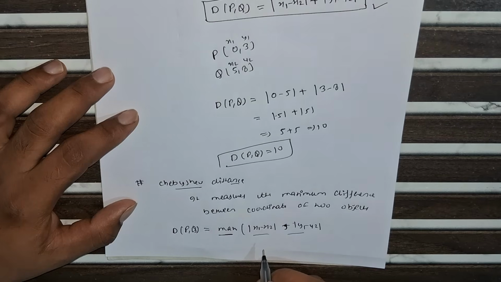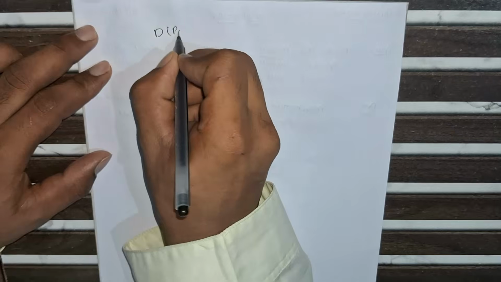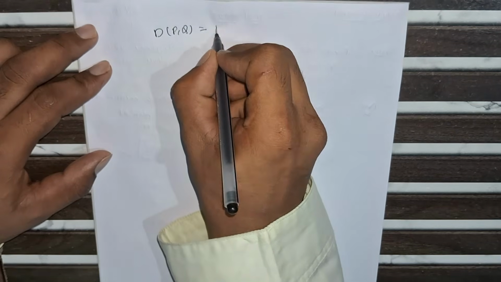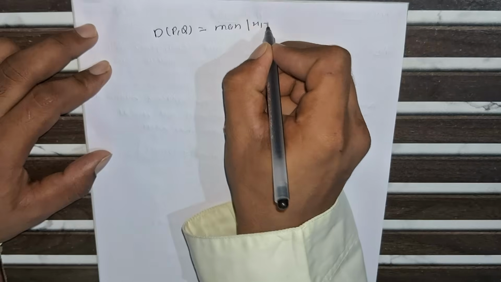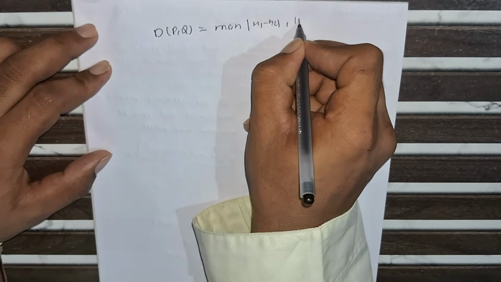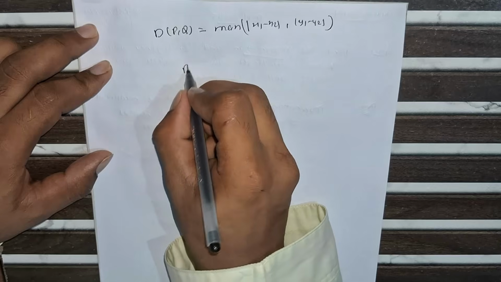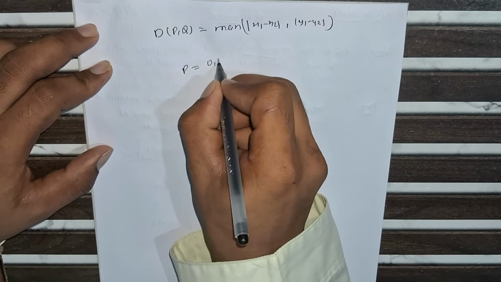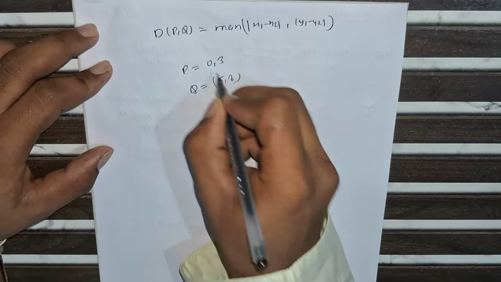So now let's see with the initial values of P comma Q. Our formula is distance P comma Q equals the maximum of |x1 minus x2| comma |y1 minus y2|. Our P coordinate is 0, 3 and Q coordinate is 5, 8.